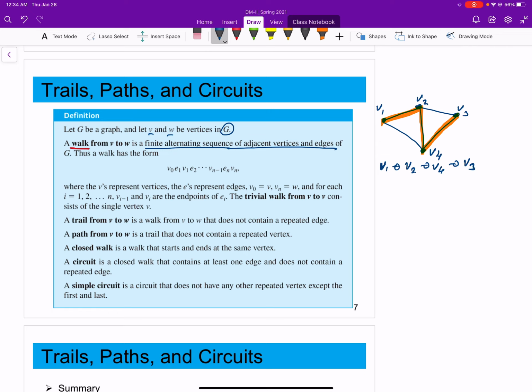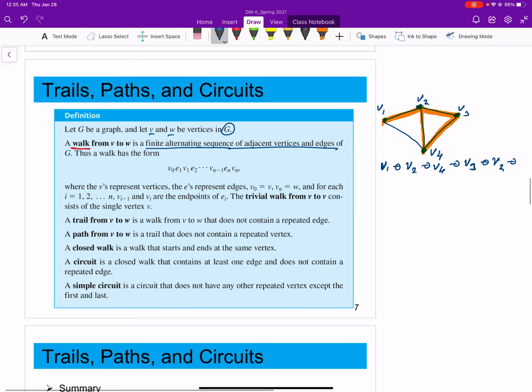Okay, if you need, you can just come back, V3 to V2, and V2 to again V4. Again going down. Okay, so this is a walk. A walk is any finite sequence of adjacent vertices and edges.